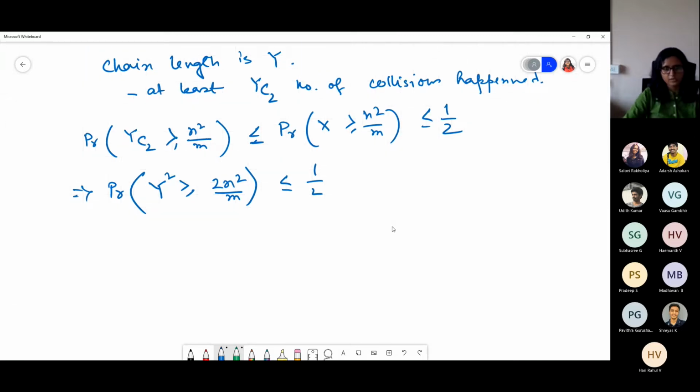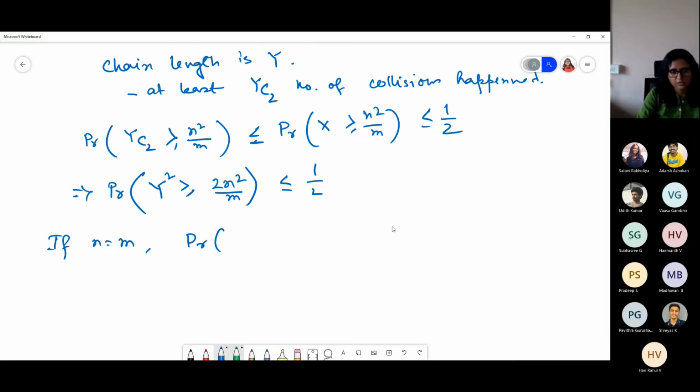Now for our consideration, if we take size of n and m as equal, in that case what will be this? So if n equals m, that is number of keys and number of slots are the same, in that case what will be my chain length?